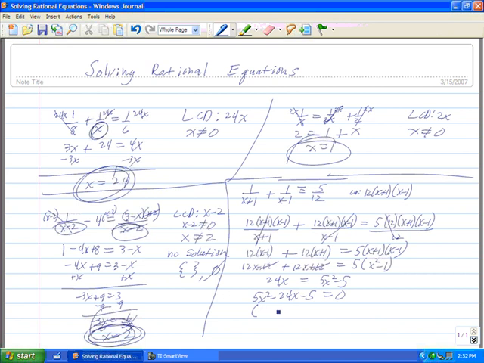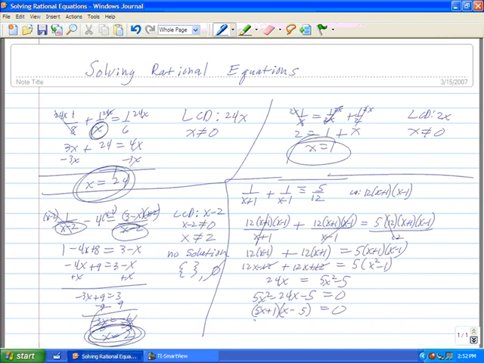So let's see. For the 5x squared, we'll try a 5x and an x. And for this 5, we'll try a 5 and a 1. Let's see how this works. If I have a minus and a plus, I'll have a negative 25 for the outer product, a positive 1 for the inner product. That'll give me a negative 24.